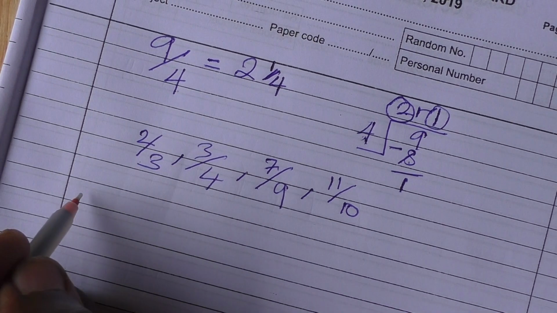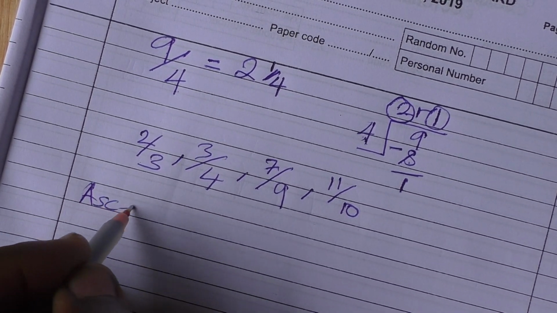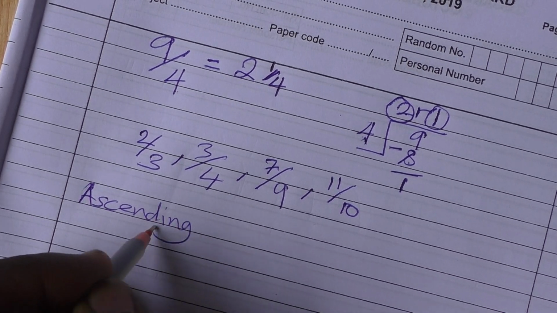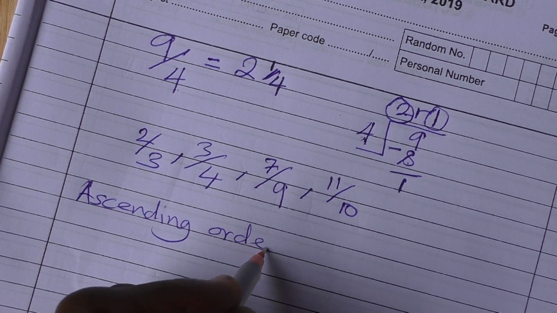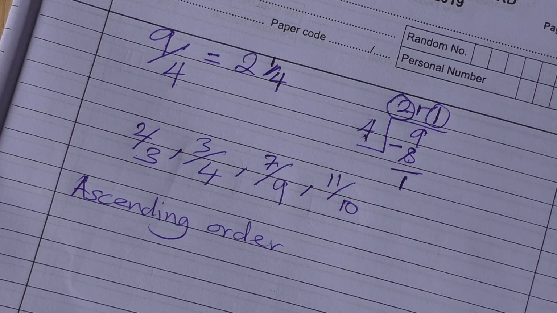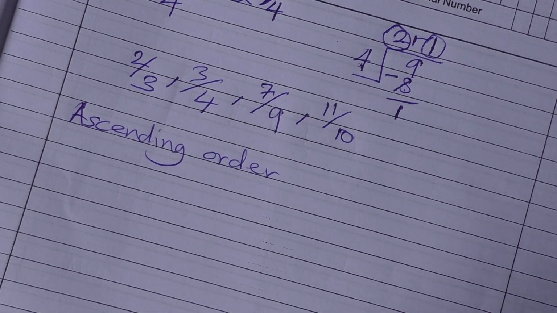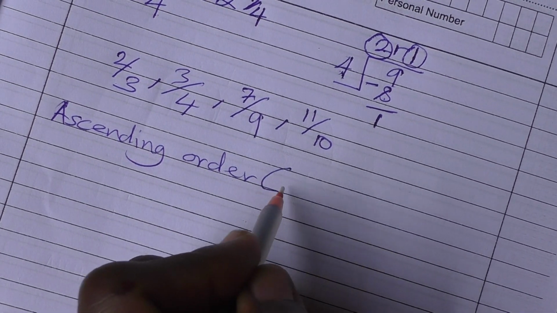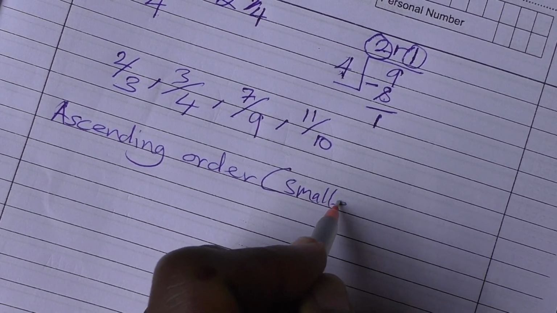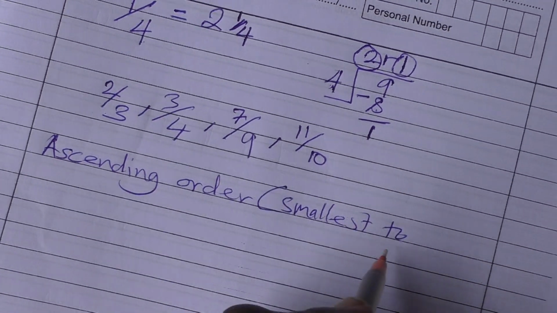Ascending order means we arrange the fractions from the smallest to the largest.